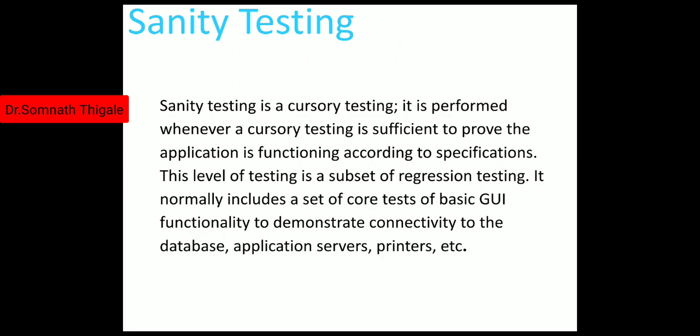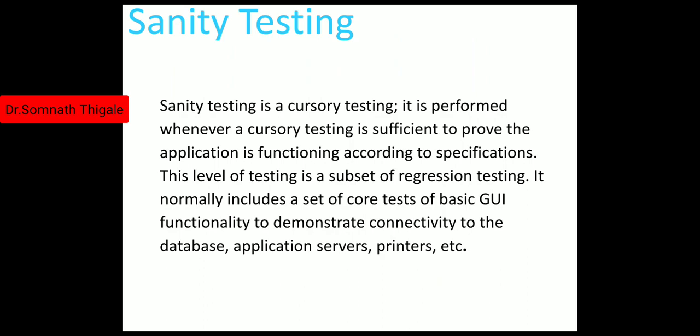Now regression testing is nothing but testing you have done, you find some changes, and you report those changes to the developers. The developer made some changes in the code and returned the code to you in one module.